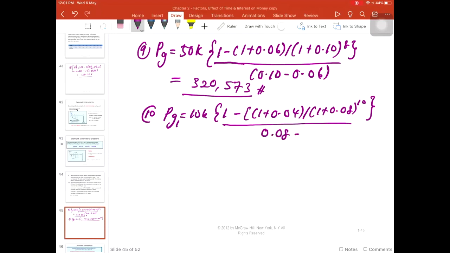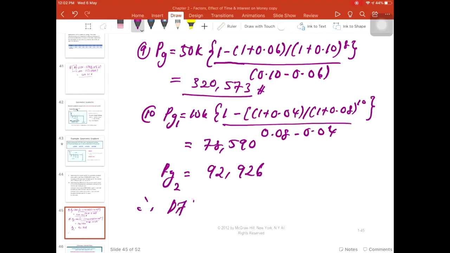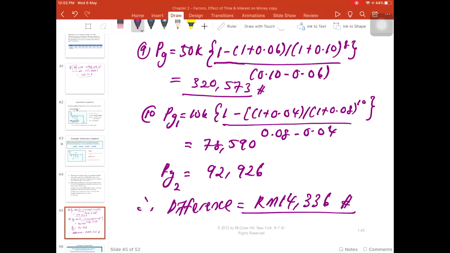Okay, you will get the same. The difference is 40 ringgit 336. Can I? Use the formula only.